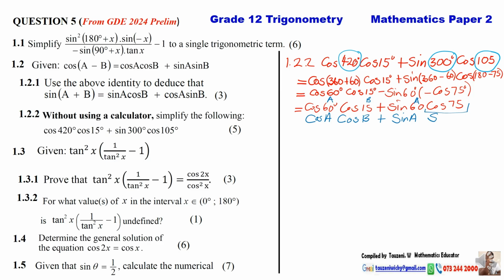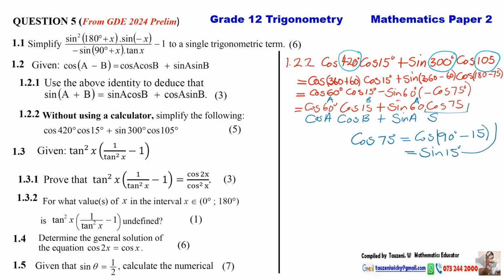For that, I need cofunctions. I know that from cofunctions, the cos of 75 degrees is the same as the cos of 90 degrees minus 15. The cos of 90 degrees minus 15 is equivalent to the sine of 15 degrees.